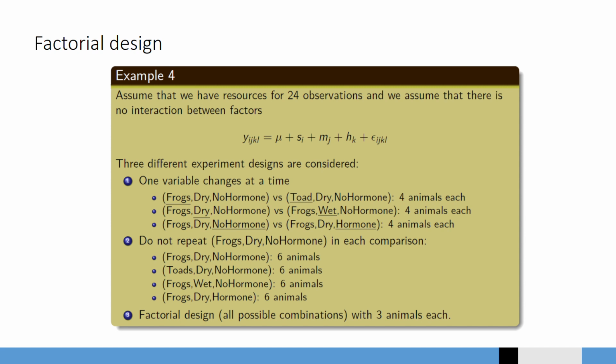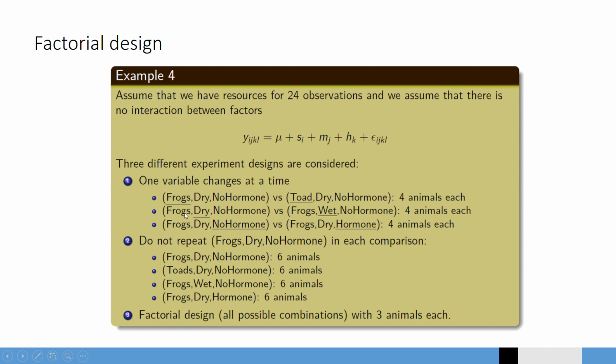So for instance, let's say that you have an experiment in which you are interested in seeing the effect of some hormone, a water balance hormone, on animals. So you will have two kinds of animals.